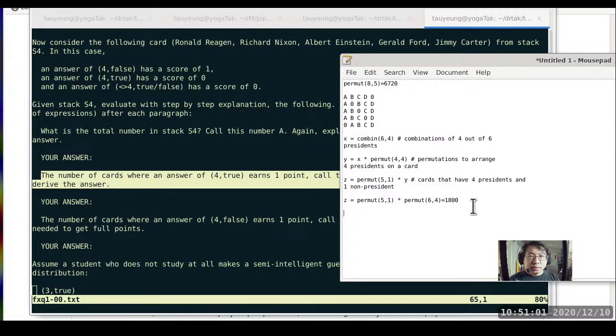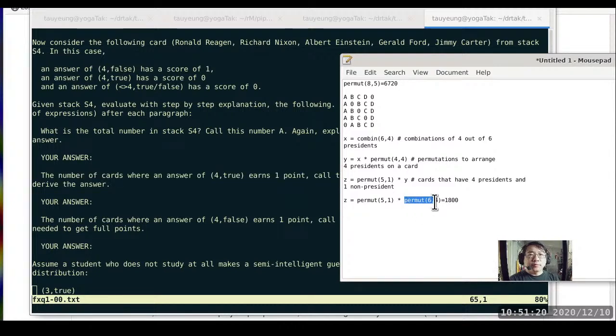There are exactly 4 presidents, and that means it's coming from the S4 stack. But we also want to make sure that the ordering of the presidents is correct as well. So that means we are looking at, instead of doing a permut 6, 4 here, which gives us all the different ways of ordering the presidents on the card, it'll be a combin 6, 4.